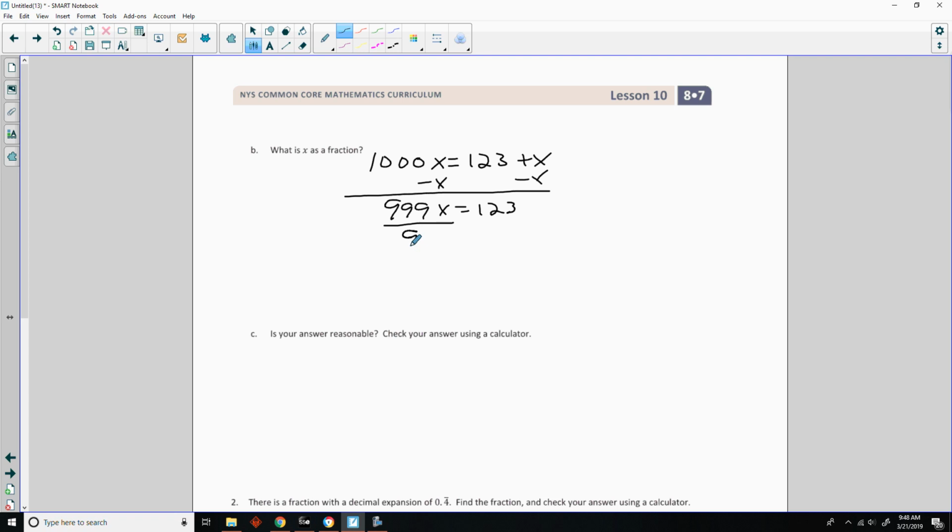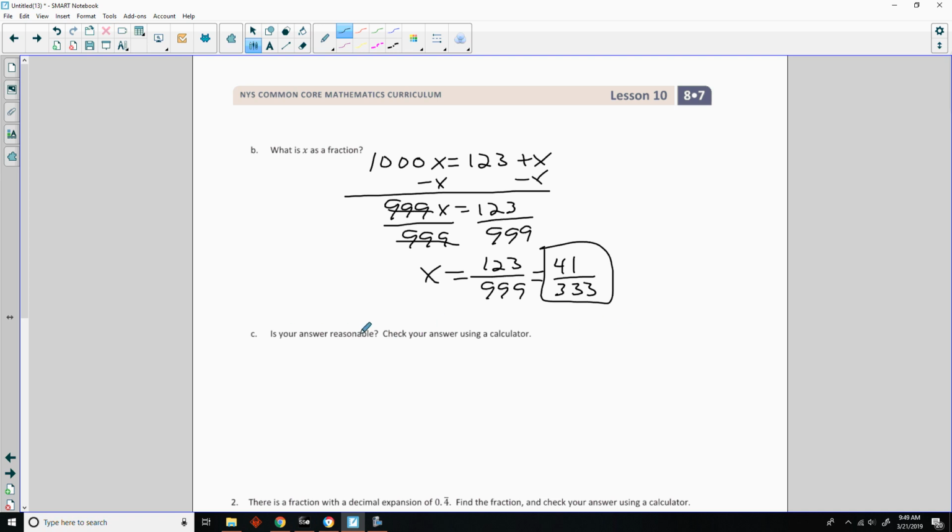Then I divide by 999, and these cancel, and I get x equal to 123 over 999. That is reducible. 3 will go into 12 4 times, 3 will go into 3 once, and 3 will go into 999 333 times. So my fraction is 41 over 333.